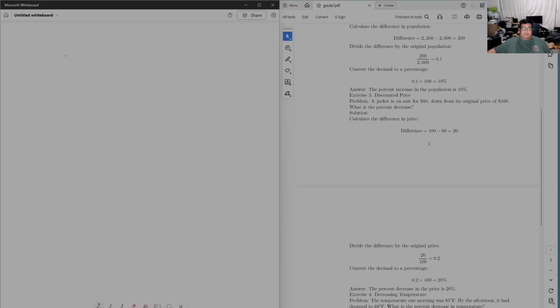So now we need to find a percent change. So in exercise number 3, the jacket goes from $80 to $100. That means it's an increase. The percentage is an increase.